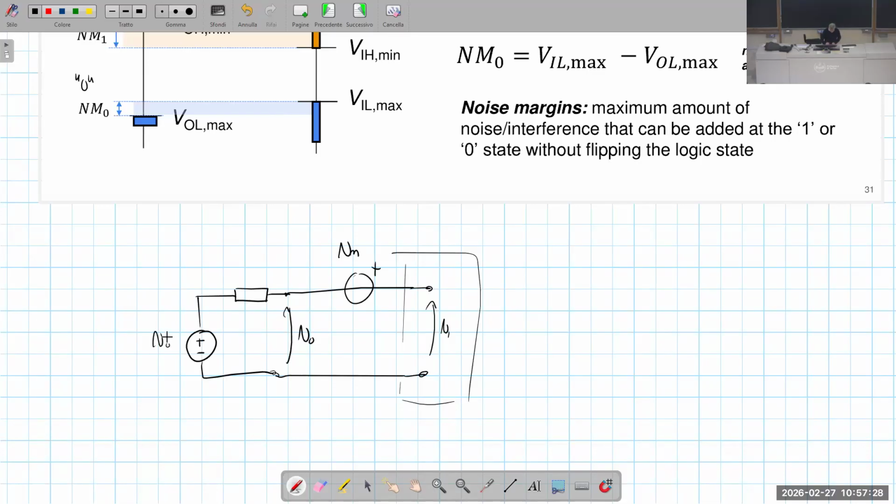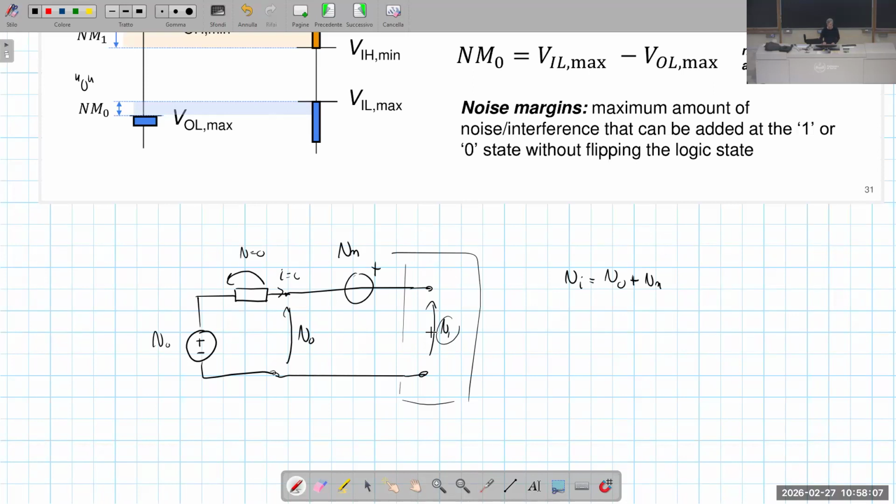When we are in this case, we have that VI, so the input of the receiver, the input of the gate, is actually the output of the transmitting gate, plus, if the current here is zero, the voltage drop here is also zero. So this is not a problem. But we may have this noise voltage source which is added. So actually VI, the input of the gate, is the output.